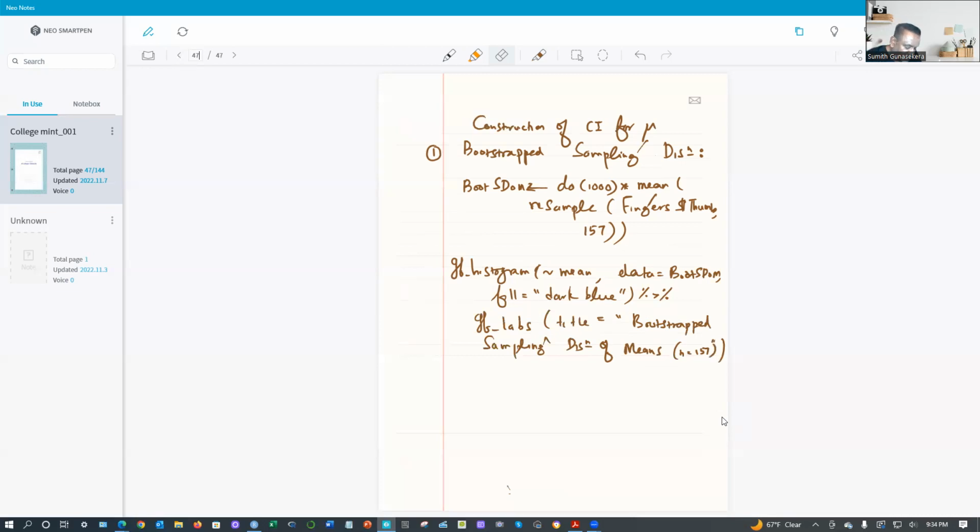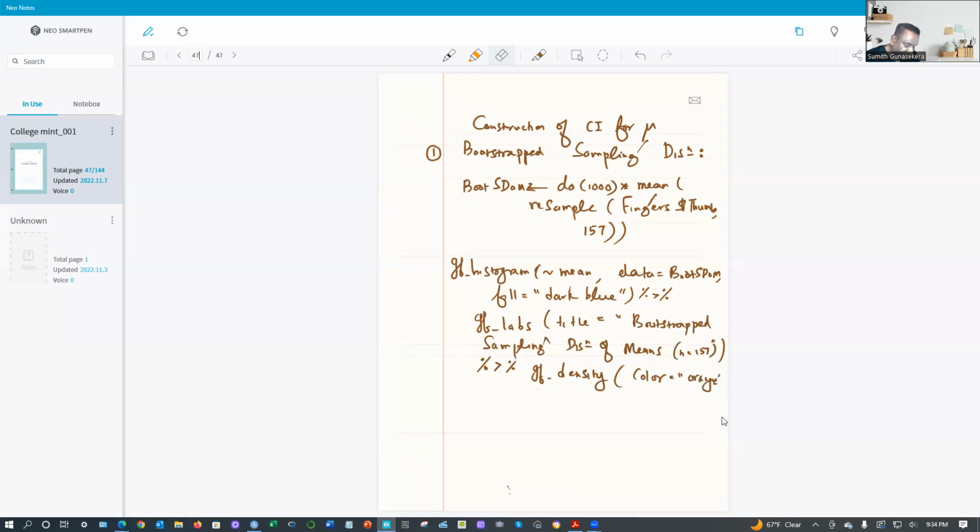Then what? You connect this one and draw the density curve with gf_density, color orange.